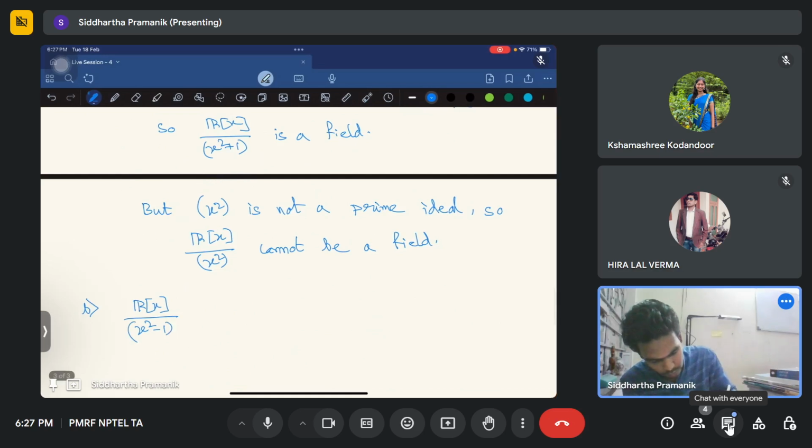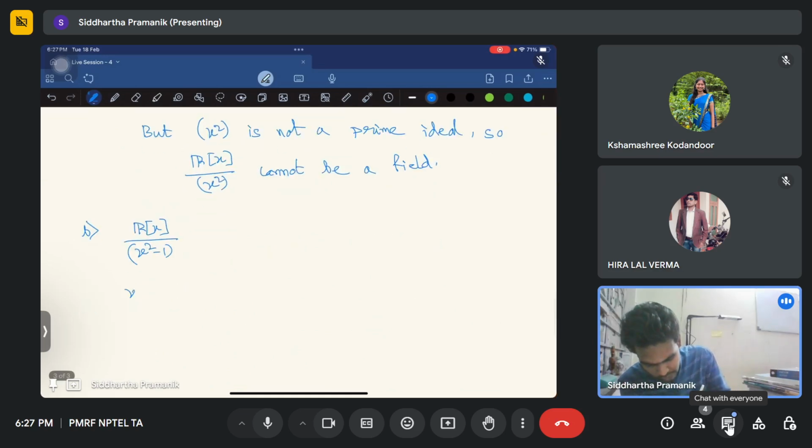Now x square minus 1, this ideal is basically the product of x plus 1 and x minus 1. So this polynomial is a product of these two polynomials, and you can check that it is even a product of these two ideals, the ideal generated by x plus 1 and the ideal generated by x minus 1.